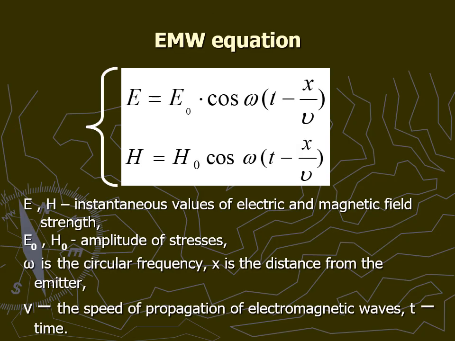Just as for a mechanical wave, we wrote down an equation, for an electromagnetic wave we also write down an equation, but in this case the equation will consist of two components. These are the electrical component and the magnetic component. In other words, we see that the electric field strength will vary according to the harmonic law, and also the magnetic field strength.